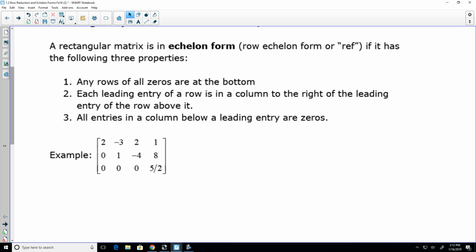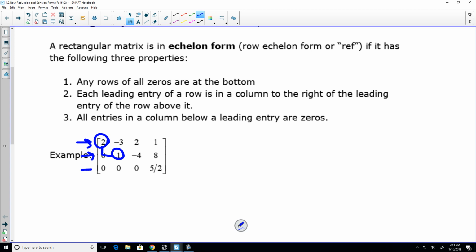What that means is your leading entries have to be staggered. So this is a leading entry of this row. You see that? It's the leftmost non-zero entry of that row. It has to be to the right of a leading entry that's above it. So this leading entry is here, and what you get is this staggered pattern. Okay?